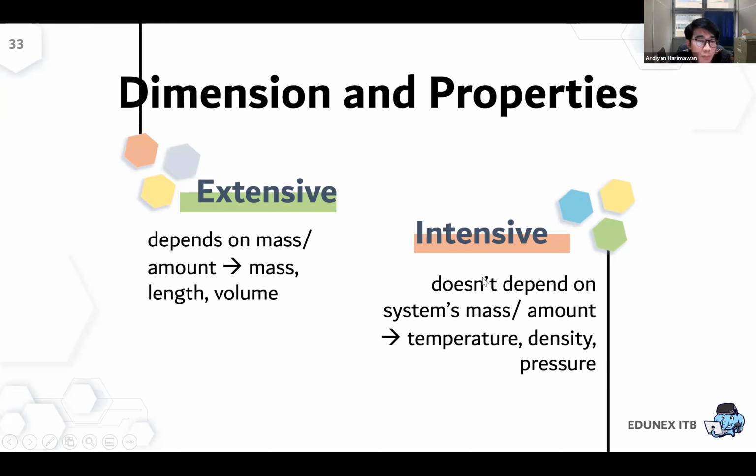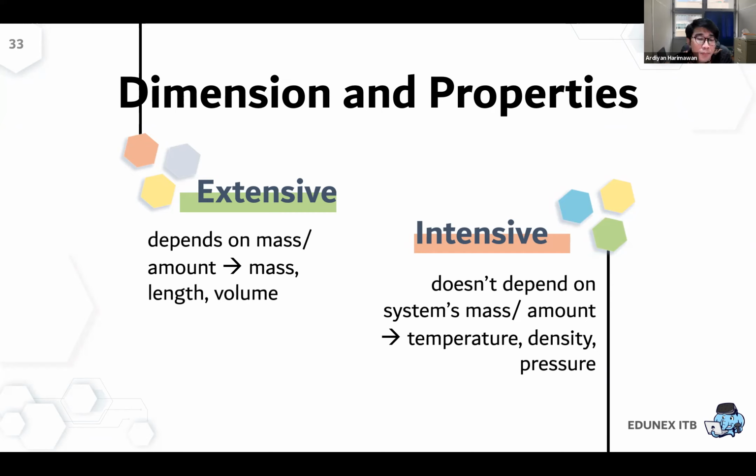Okay, basically properties are classified into two general categories. Which one? One is extensive. Extensive properties means the properties of the fluid will depend on the mass or the amount or the volume of the fluid.